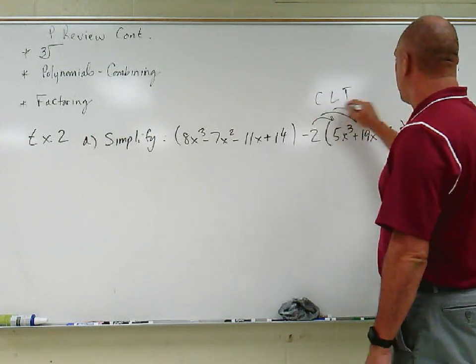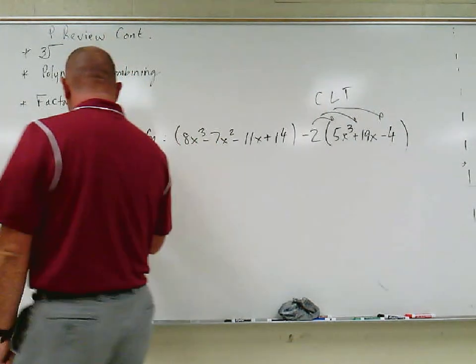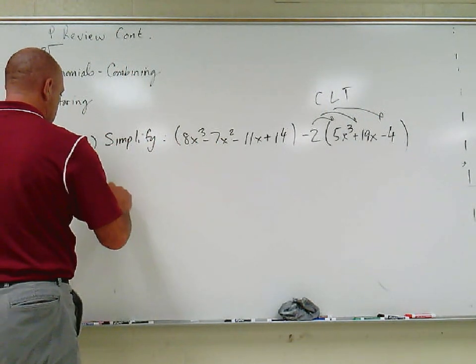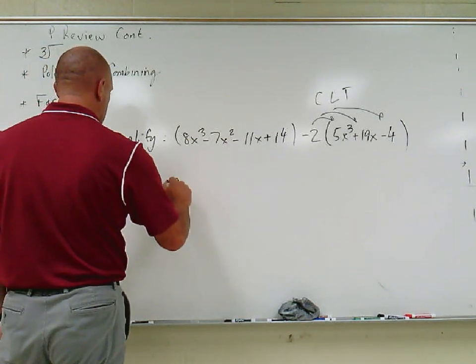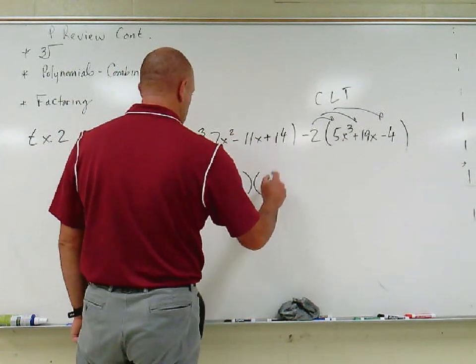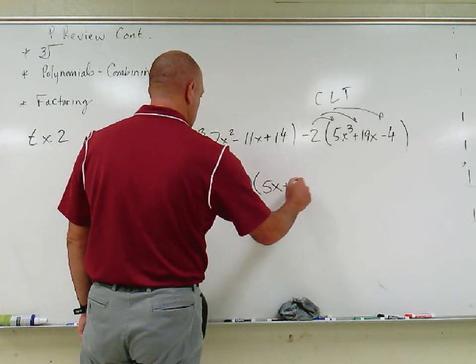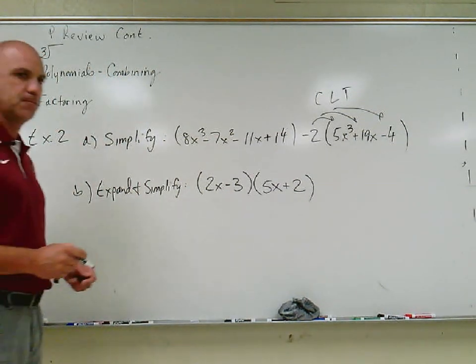Distribute, don't forget about the negative, and then combine like terms. Should take you 2 seconds. There you go. Get done with that one. Move on to the part B.